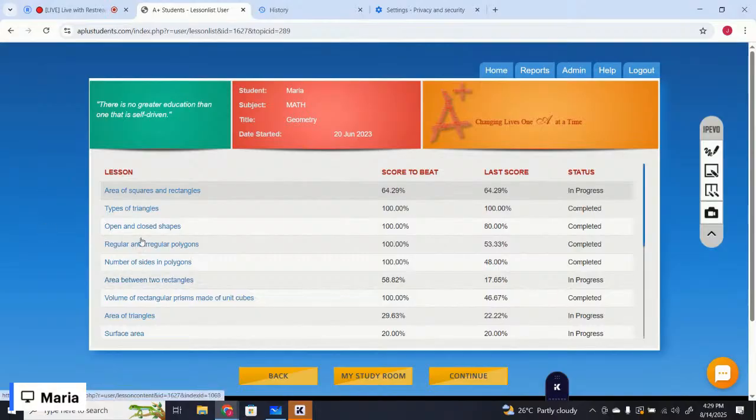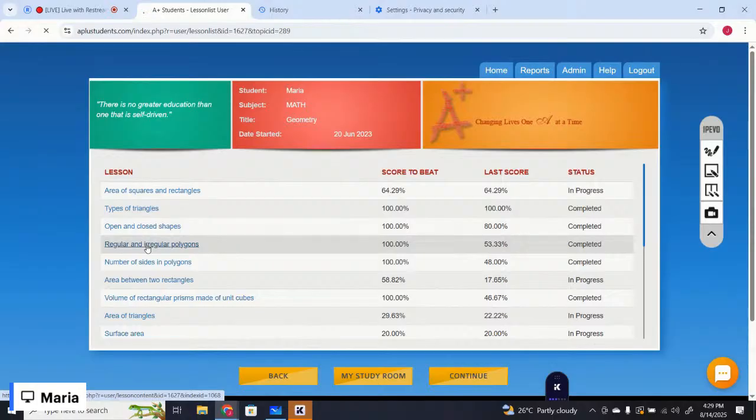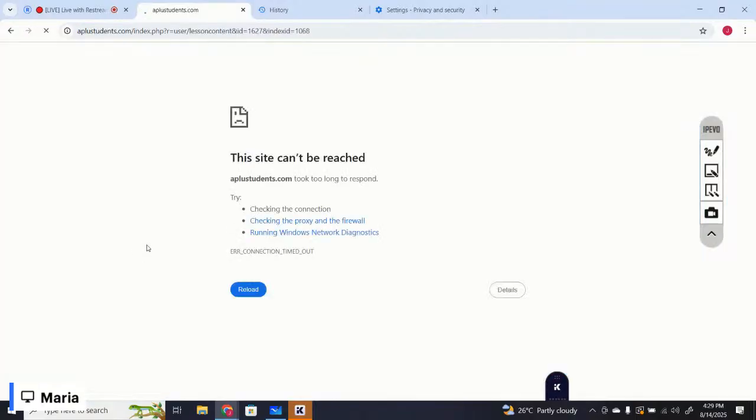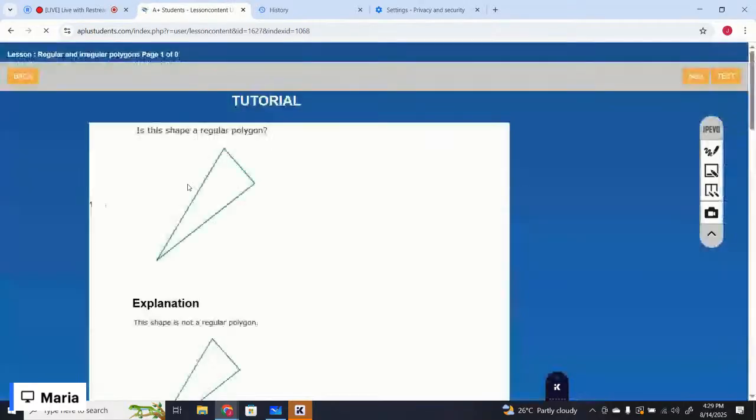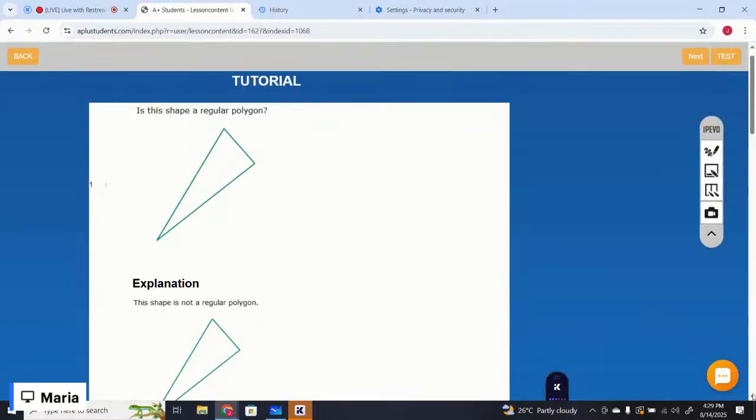That is regular and irregular polygons. Is this shape a regular polygon?